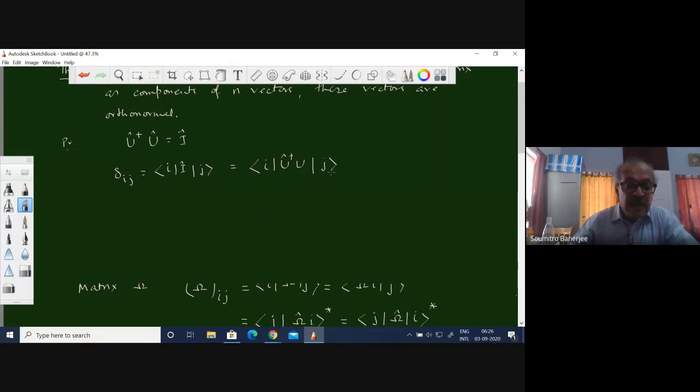The I, J element is equal to, I can now put the identity matrix here again. It will make no difference, but now I can break that identity matrix into sum over K of the K, K element.